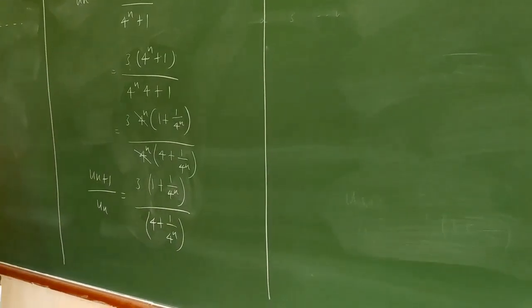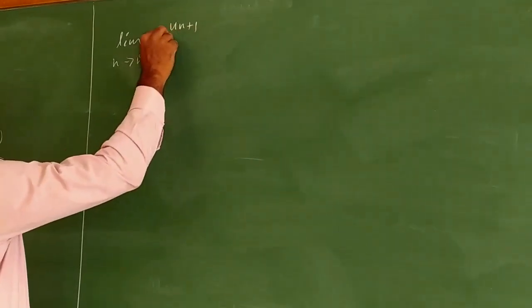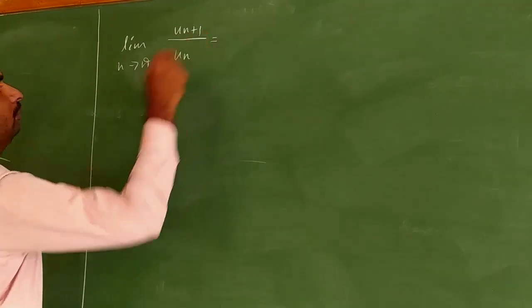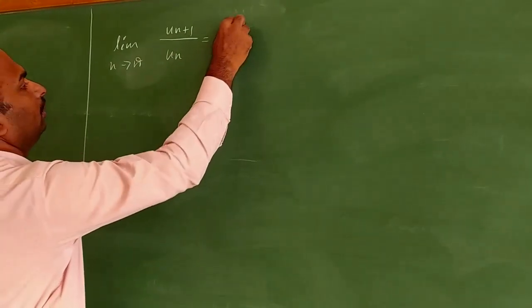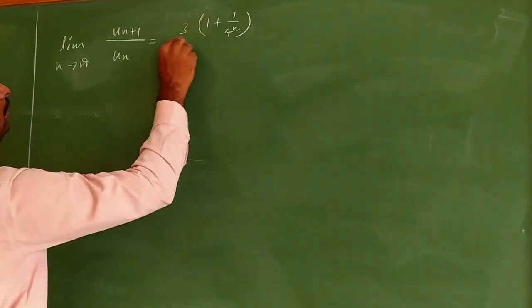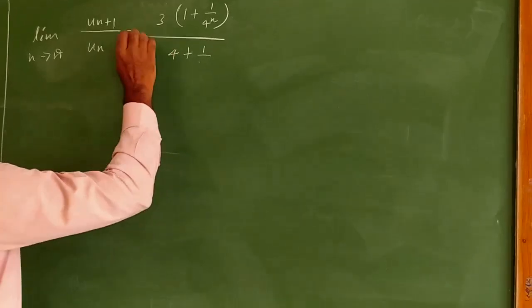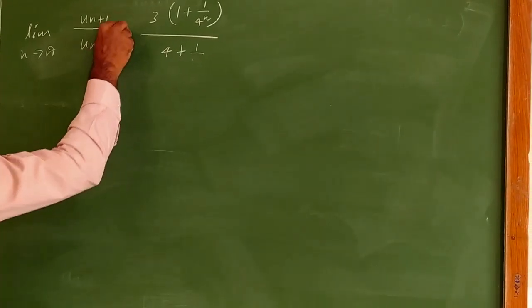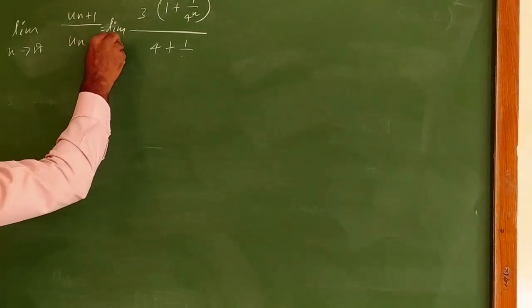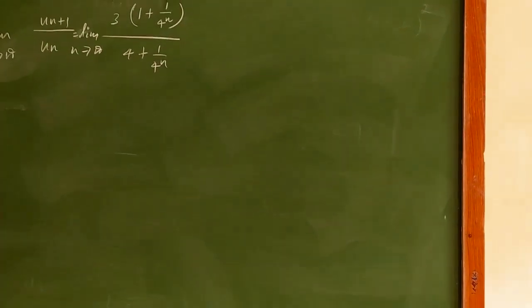So now we can take the limit. That is, limit n tending to infinity un plus 1 by un is equals to 3 into 1 plus 1 by 4 power n, divided by 4 plus 1 by 4 power n.